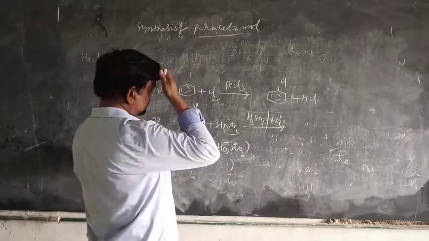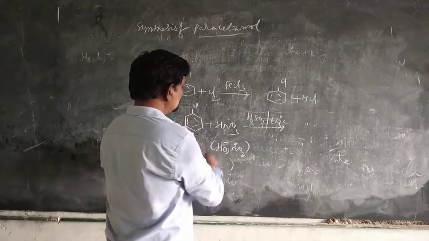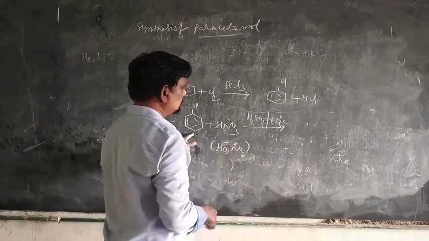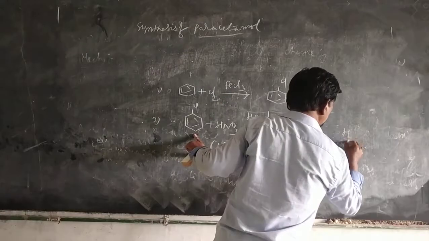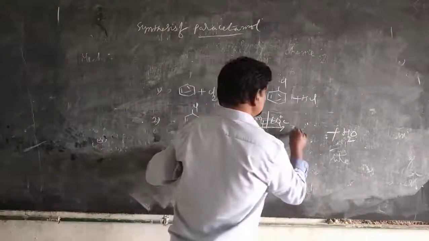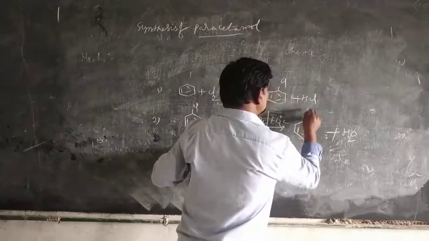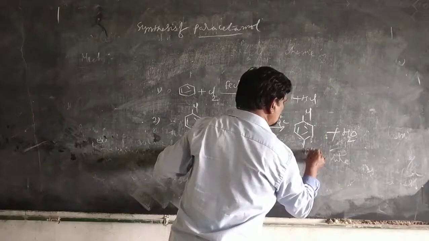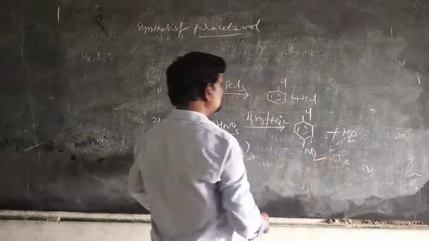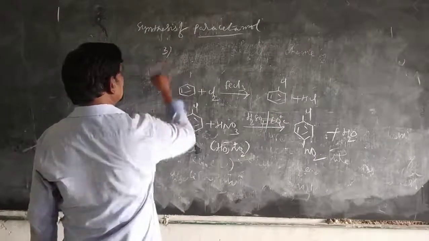Here hydrogen is also available, so the proton and OH minus eliminate H2O, and NO2 is substituted, giving para-chloro-nitrobenzene.